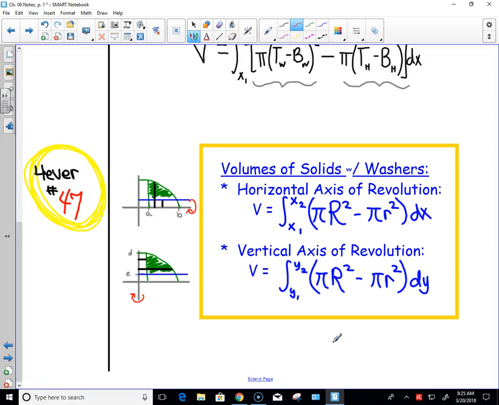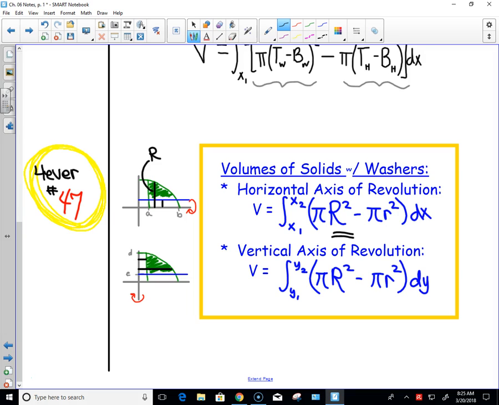So as we look at this picture, do you see how I have a big R and a little r? The big R is the outer radius, the larger radius. The little r is the inner radius, or the smaller radius of the hollow. So in this picture, our big R is going to be the radius that goes from the axis of revolution outwards to the outermost, whether it's above or below.